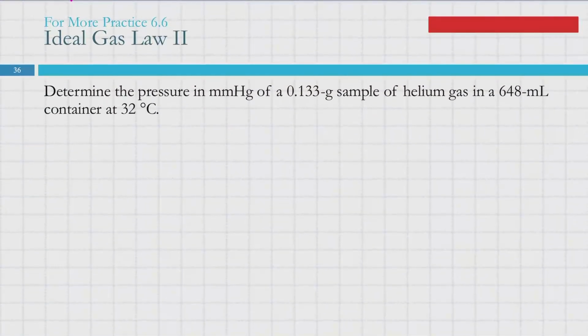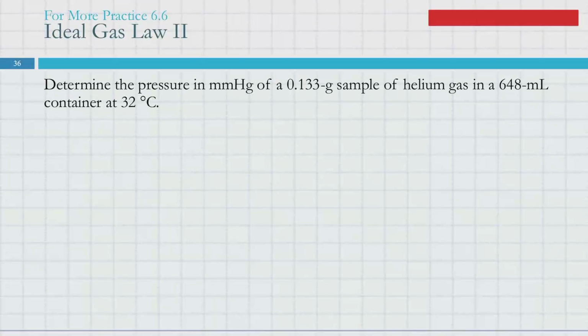We could also do something like this. Determine the pressure in millimeters mercury of a given amount of grams sample of helium in a given volume at a specific temperature. So here we're finding pressure. We specifically want millimeters mercury.